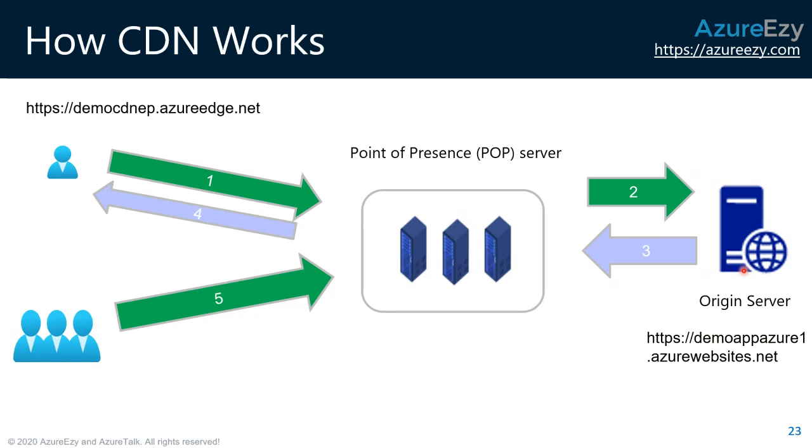It will receive the response from the POP server. And how long this POP server keeps this content depends on the TTL, the time to live, that we have configured. You can customize and configure that. The default time is generally 7 days. So this is the flow of how your CDN works.